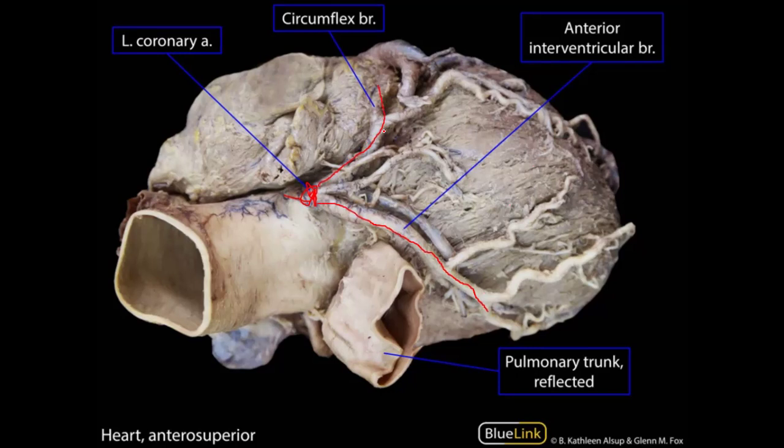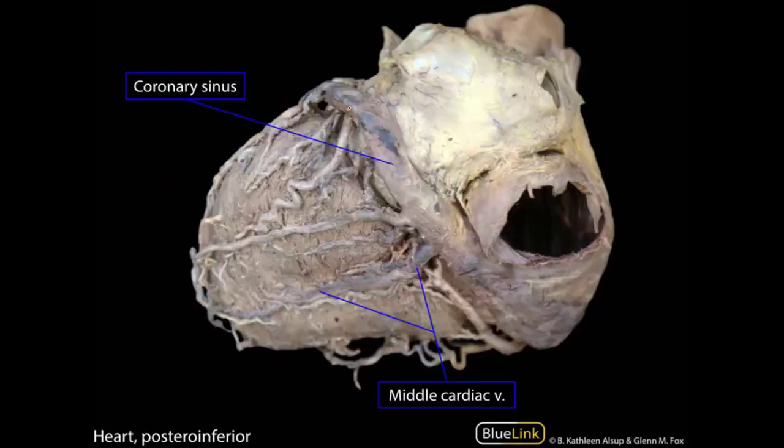And from the circumflex branch, we have the left marginal artery. These are simply the tributaries. You can see the various tributaries to the coronary sinus, which you can consider as a continuation of the great cardiac vein, which is joined by other veins before termination.